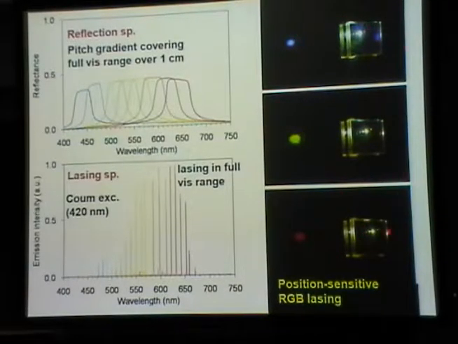This is the real image. If we excite the left-hand side, we can lase blue emission, from the middle we have green, and from the right we have red lasing emission.